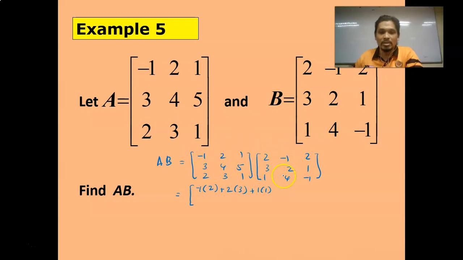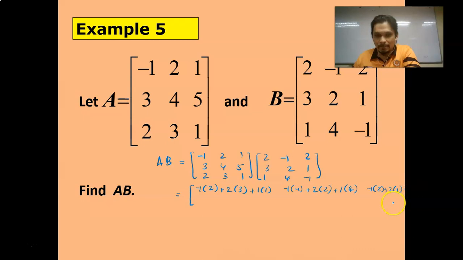Negative 1 times negative 1, then 2 times 2, and 1 times 4. Then element in row 1 multiplied with element in column 3. So negative 1 multiplied with 2, 2 times 1, and 1 times negative 1.